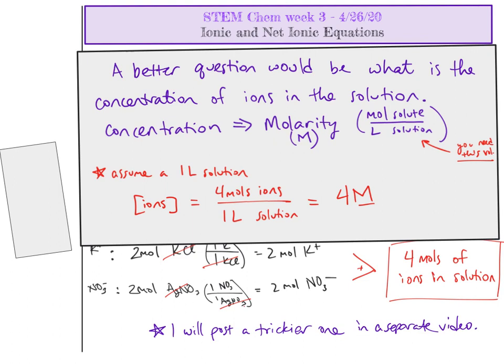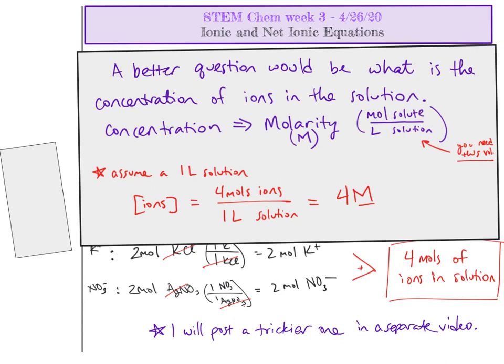So this would be a better question. What's the concentration? We would have to remember that concentration is molarity. Capital M is the shorthand for it, right? And that is number of moles of solute, so whatever it is we're talking about that's dissolved, per liter of that solution. So if we had a volume here, let's assume we had a liter, and I wanted to know concentration of ions. Again, shorthand for asking about concentration is those square brackets.